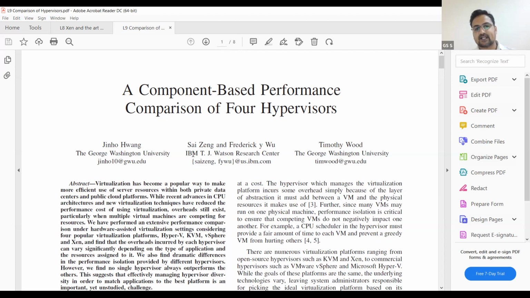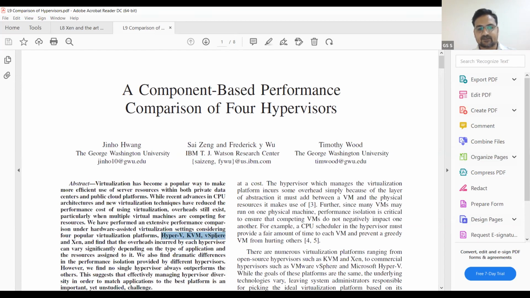And how do we compare them? We all know about IBM TJ Watson Research Center. This is one of the important labs, right? And there are 2 universities which they collaborated with, right? George Washington University. I'll directly go to the comparison of how they are doing it. So with whom have they compared?